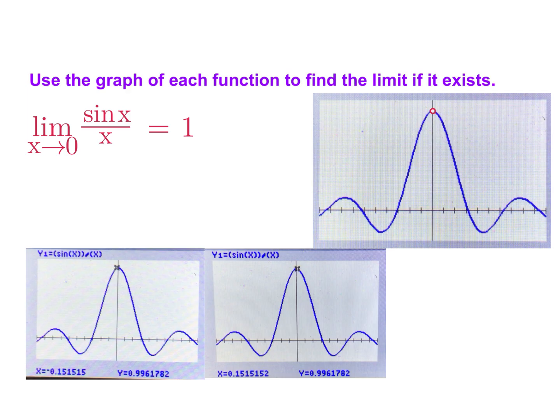That's why the limit exists, even though the function is undefined when x equals 0. And so it's very important to understand when we're talking about a limit of the function, the left-hand limit and the right-hand limit have to approach the same number in order for there to be a limit of the overall function. Does that make sense?